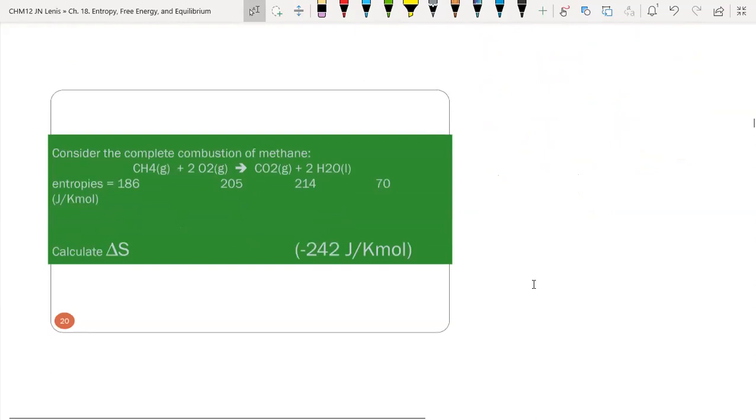Let me show you how to measure entropies on a chemical reaction.